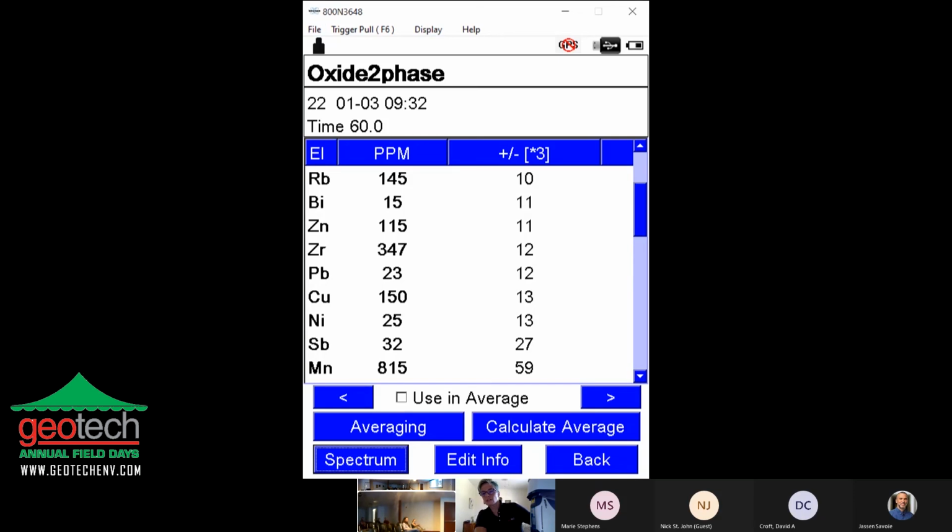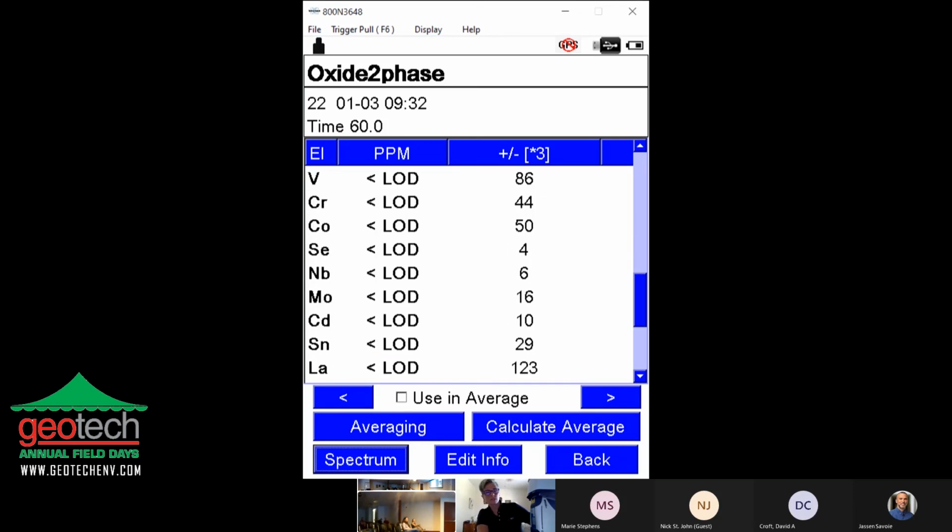That's the advantage of XRF: being able to decide, based on your data quality objectives, what your analysis time is going to be, what you're going to be shooting, and how you're going to set up your analysis, whether you're preparing your samples or simply analyzing in situ. It really depends on what your data quality objectives are.